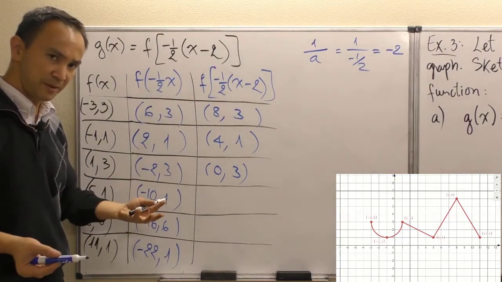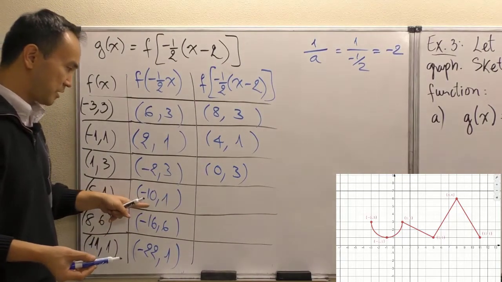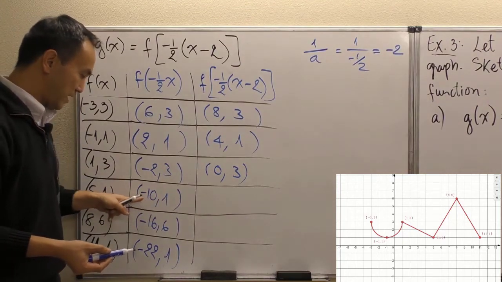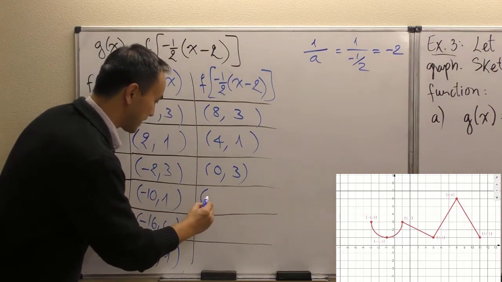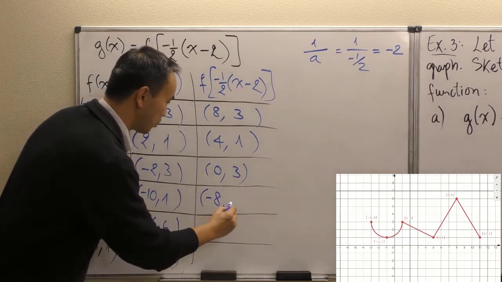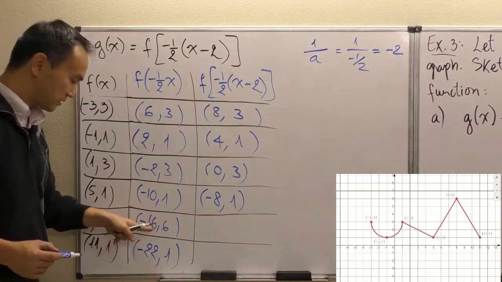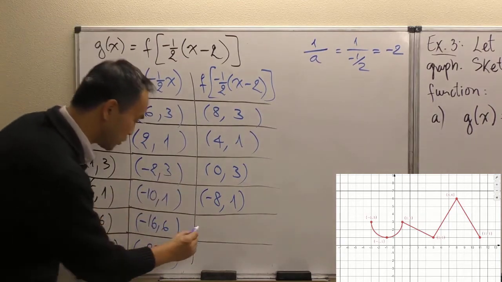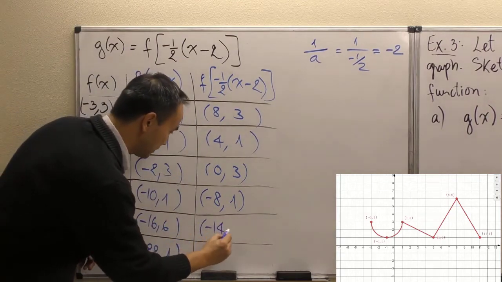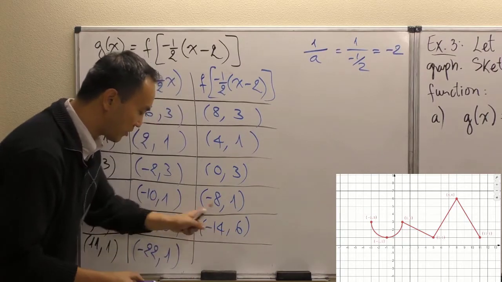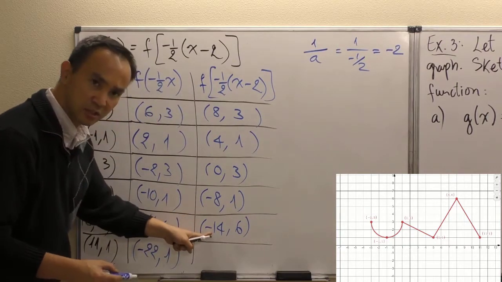Now I can really pick up the pace. Negative 10, comma 1: adding 2 gives me negative 8 comma 1. Then negative 16, comma 6 is transformed into negative 14 comma 6. Nothing is done with the y value; only the x value is added to.